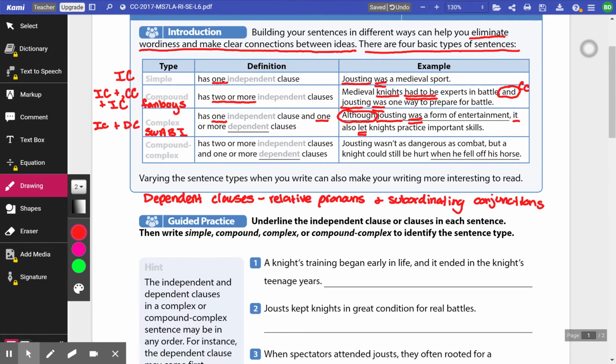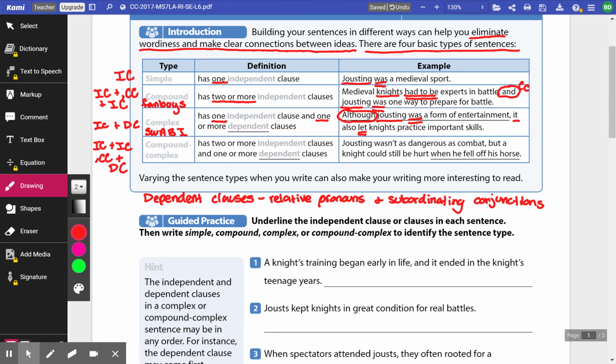So that's nothing new. And then we have our compound complex sentences. So this is where stuff gets a little bit more complicated because we have one independent clause plus another independent clause. And then we also have a comma with a coordinating conjunction, and then we have a dependent clause. So there are several ways that you could vary this up.